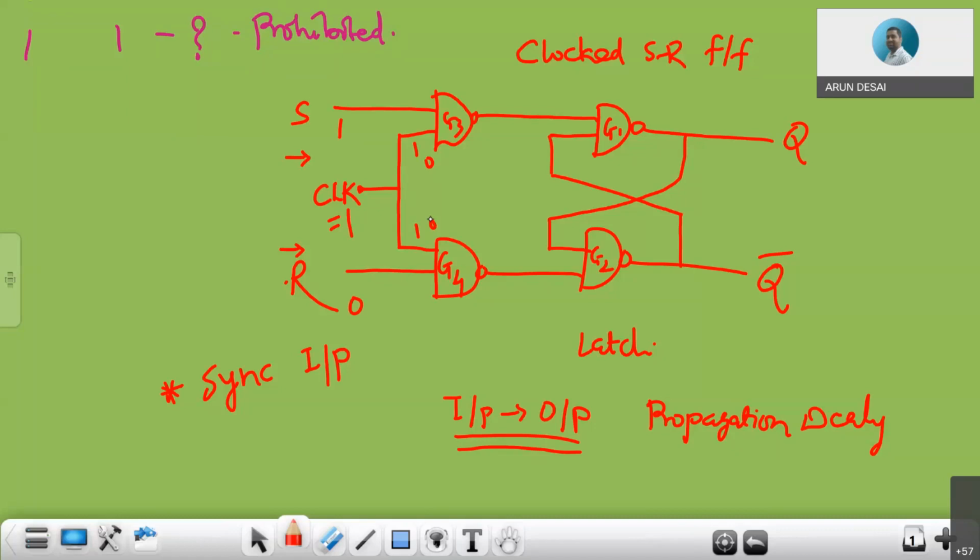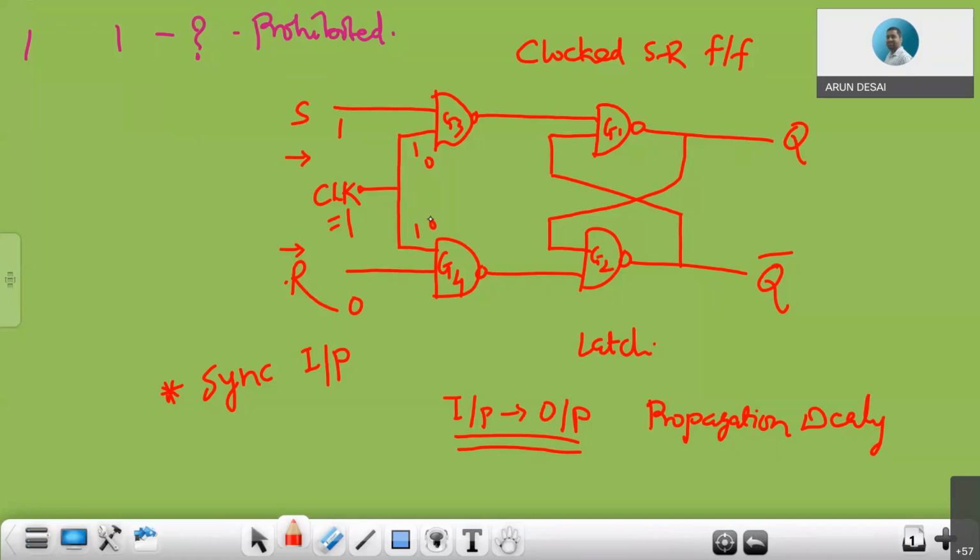This is what a clocked SR flip-flop is. You can use this SR flip-flop in a synchronous way: at a given point of time, you convert the value from input to output.